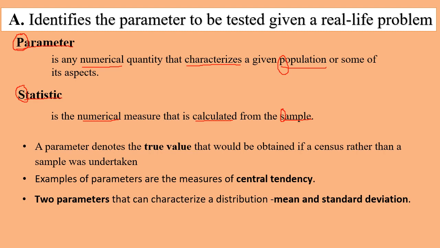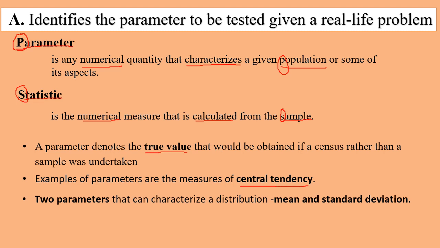A parameter denotes a true value that would be obtained if a census rather than a sample was undertaken. When we say census, it is the complete enumeration of the population. Examples of parameters are the measures of central tendency, like the mean, median, and mode.